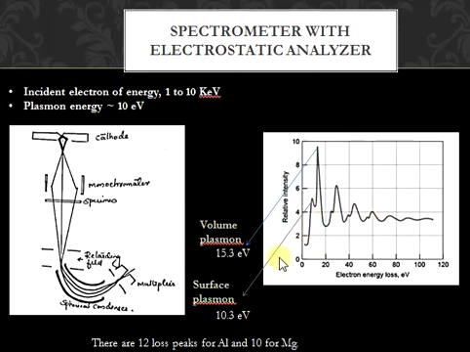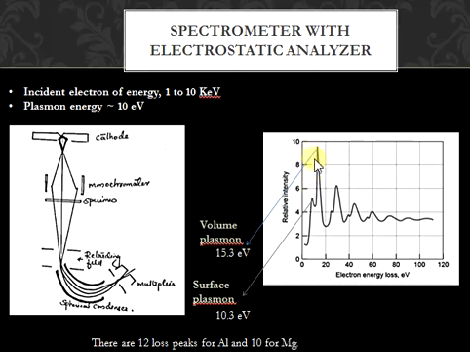The 10.3 electron volt energy corresponds to the surface plasmon, due to the formation of surface plasmons in metals. The highest peak is due to the volume plasmon, that is, plasmons generated well inside the metal. The corresponding energy is 15.3 electron volt, whereas the surface plasmon energy is 10.3 electron volt.